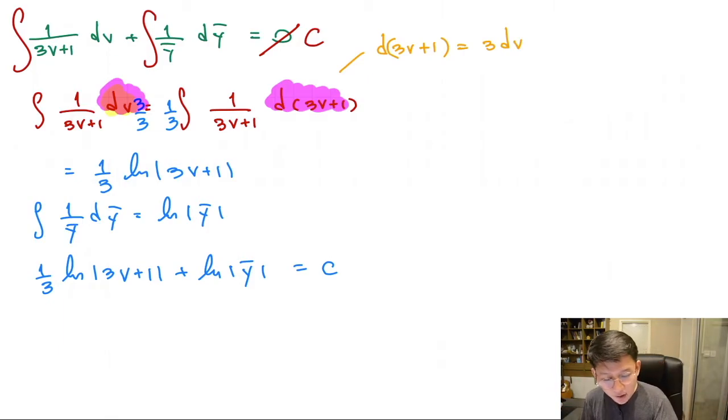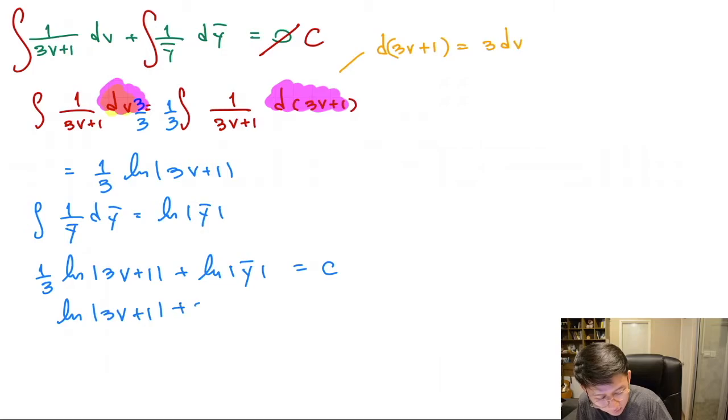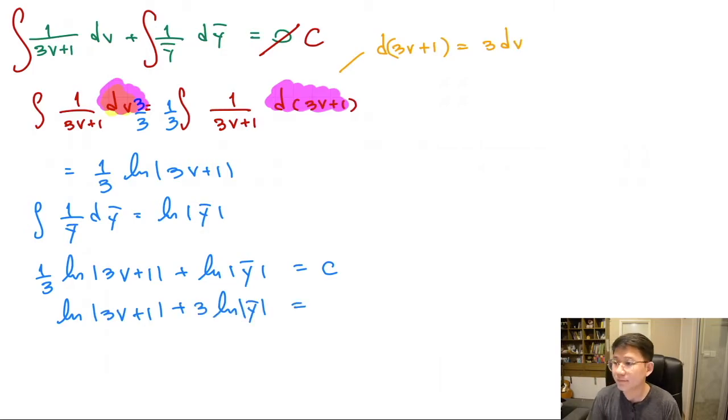And then I multiply the whole equation by 3. So I'll get log 3v plus 1 plus 3 log of y bar equals c. You see? It should be 3c, right? It should be 3c. But I don't care.